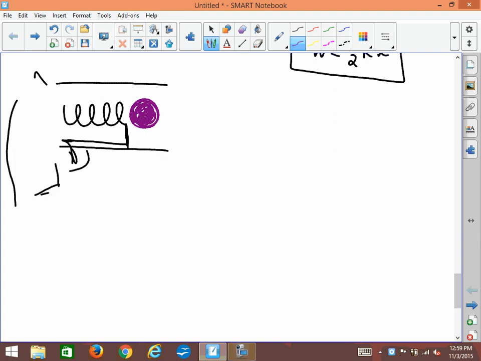Let's say this ball has a mass of 0.02 kilograms, a 20-gram ball. That's probably a bit much for a plastic ball, but that's good enough. And let's say that this little spring inside here has a spring constant of 40 newtons per meter. And let's say that when you loaded the ball into the gun, you compressed the spring.